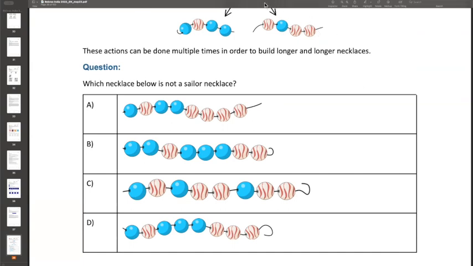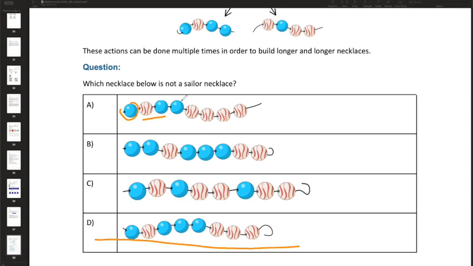Okay, so now I'll start explaining this. The correct answer is D. If you look at all of these necklaces, they follow the pattern because, for option A, it starts here.